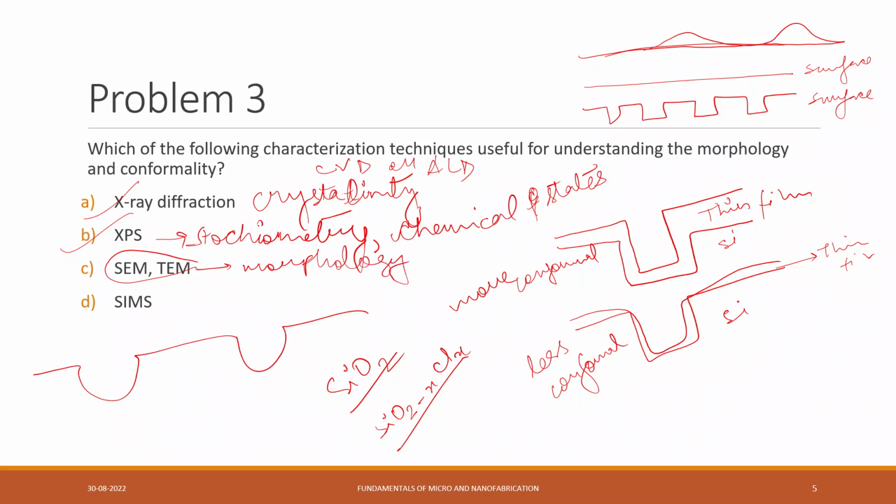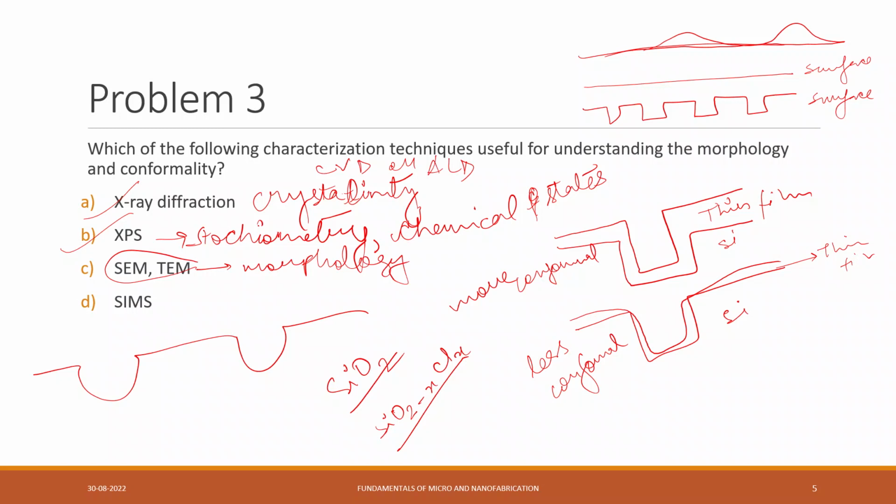Though some crystallinity we can also understand with some techniques, like HRTEM, which gives some information about the crystallinity, just how the crystal planes are placed. You can get the crystal information from HRTEM and correlate it with the XRD data.